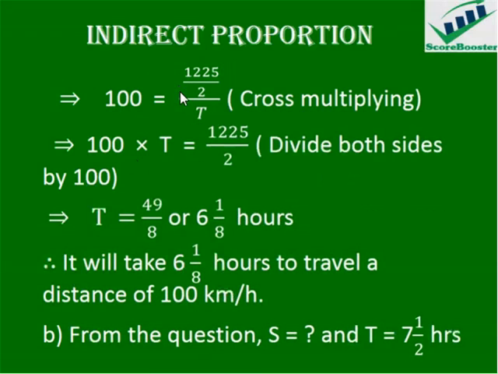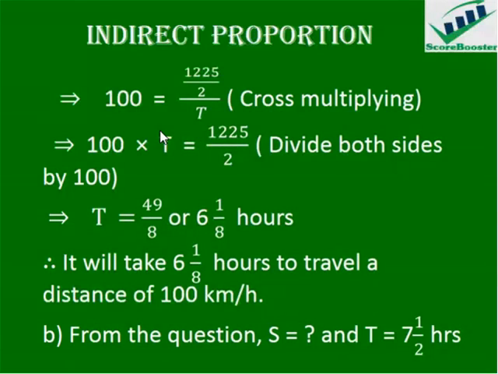S is 100, we have 100 equals 1225 over 2, everything over t. So we cross multiply. This is how to cross multiply. The denominator will multiply the numerator here equals the denominator here multiplying the numerator here. So we have 100 multiplied by t equals 1225 over 2 multiplied by 1, which is 1225 over 2.